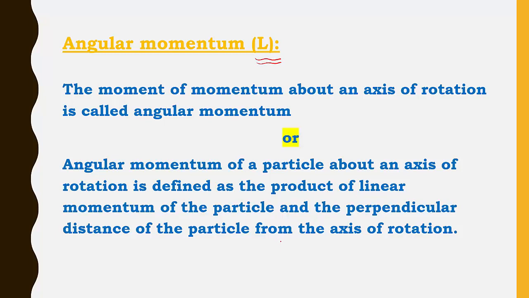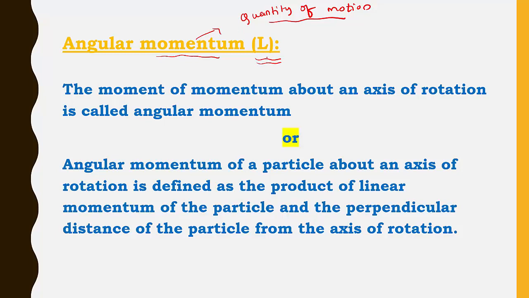But here the object has rotational motion, so we have to consider angular momentum. What is momentum? Its general meaning is quantity of motion. If it has linear motion, we go for linear momentum. If it has rotational motion, we go for angular momentum.